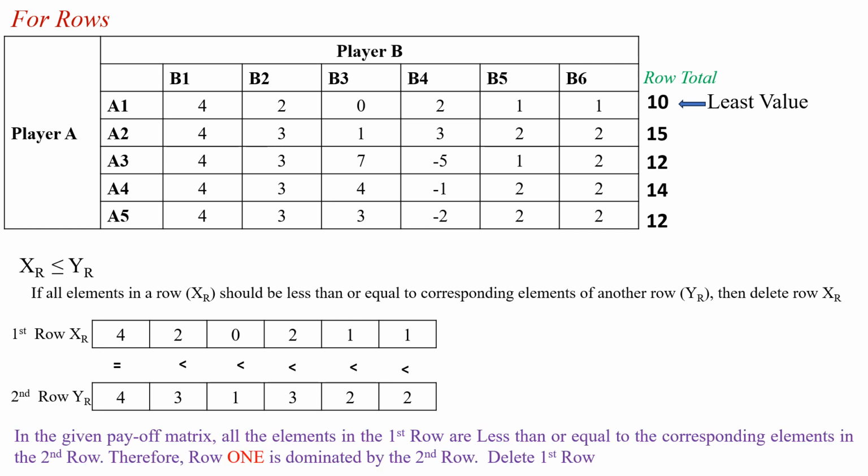So in the payoff matrix, all the elements in the first row are less than or equal to the corresponding elements in the second row. Therefore, row 1 is dominated by the second row. Then we have to delete the first row.